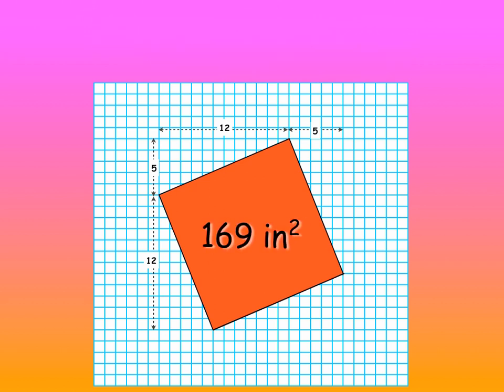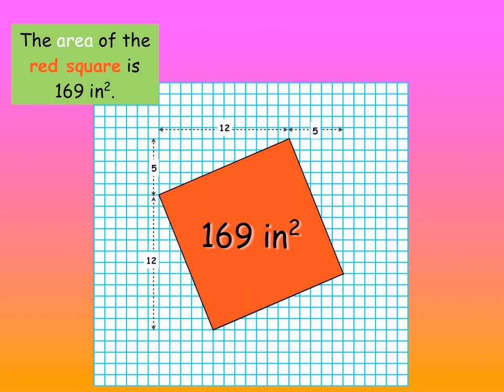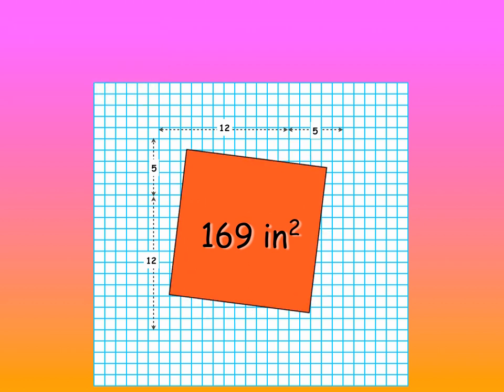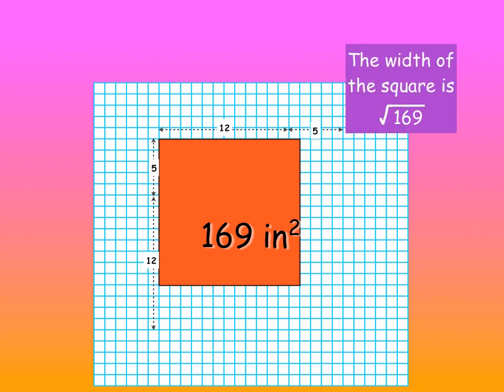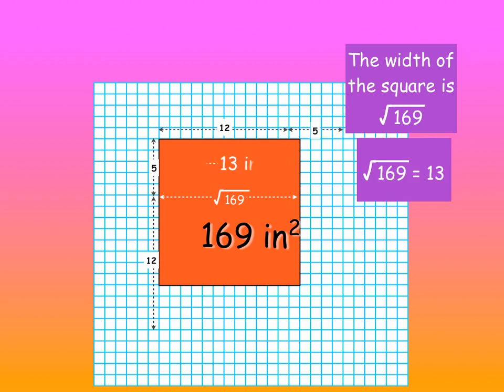So the area of the red square is 169 square inches. The width of the square is the square root of 169, which is 13, so it's 13 inches wide.